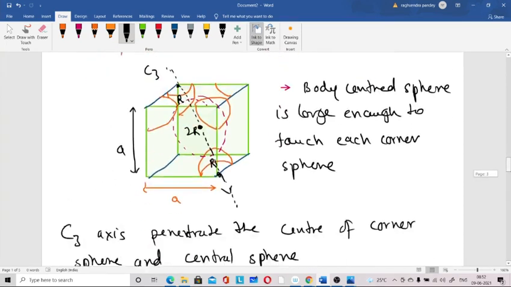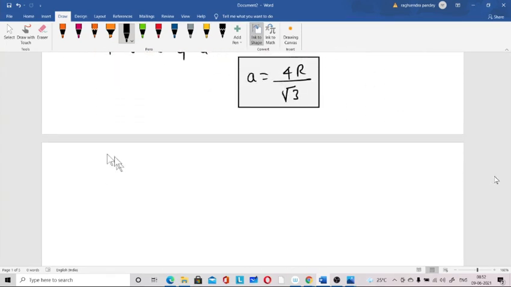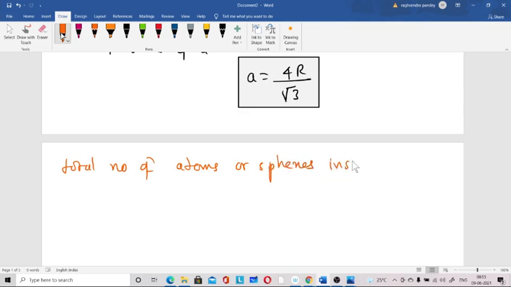Another point to collect is the total number of spheres or atoms inside the cube based on contribution.